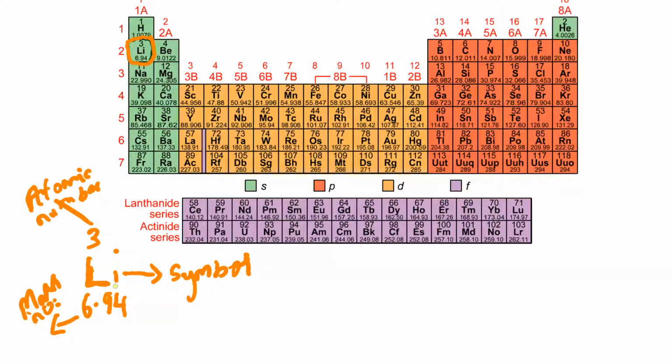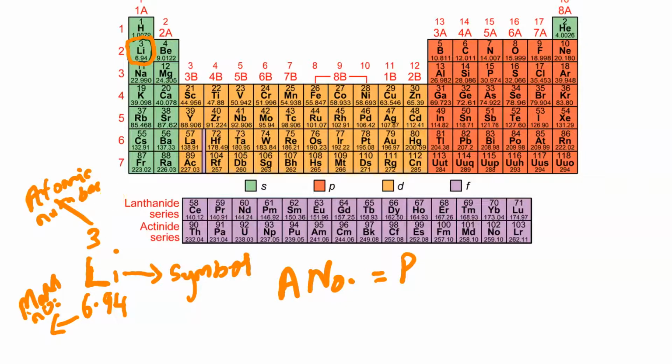Now we are going to look at what these mean. So let's look at atomic number. Atomic number is the number of protons. Now we learned protons, the location is nucleus. Protons are positively charged.